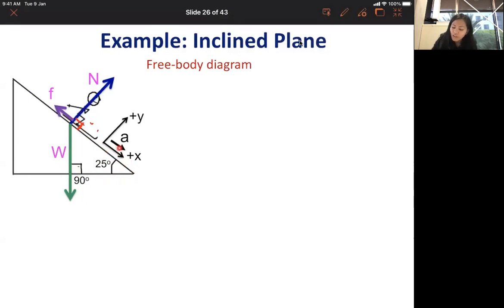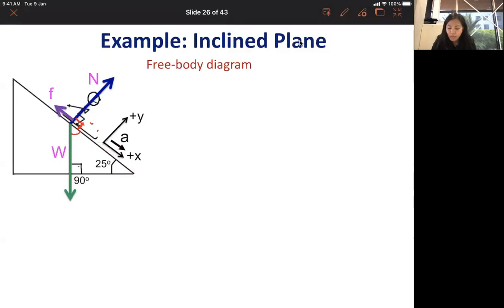The difficulty with inclined planes is how to deal with this angle of inclination, this 25-degree slope. But by realizing that the weight force creates a right angle together with the slope, we can find the angle between the weight force and the slope.